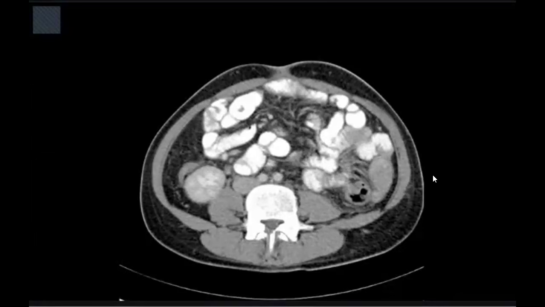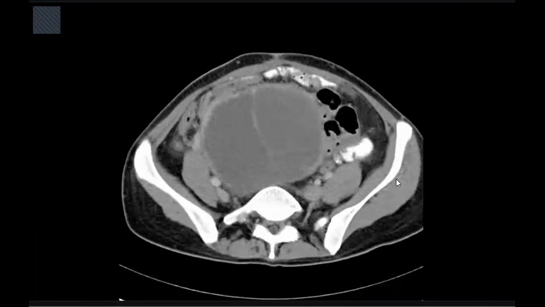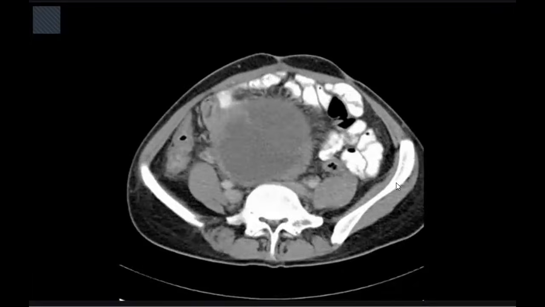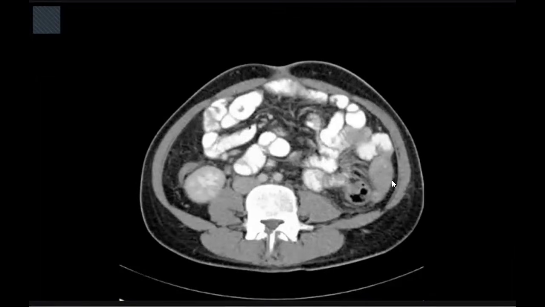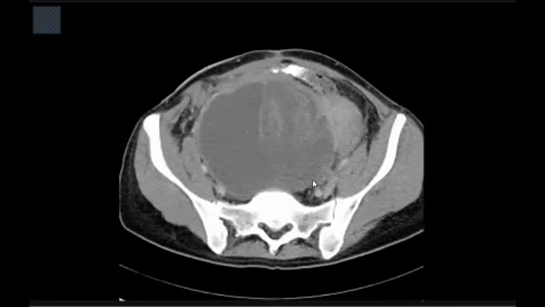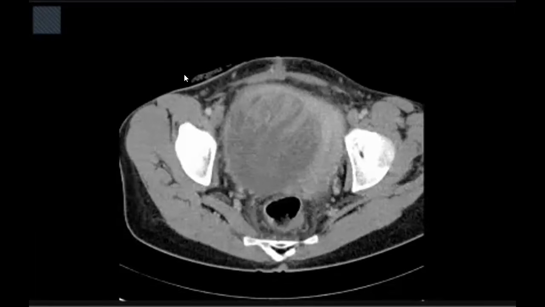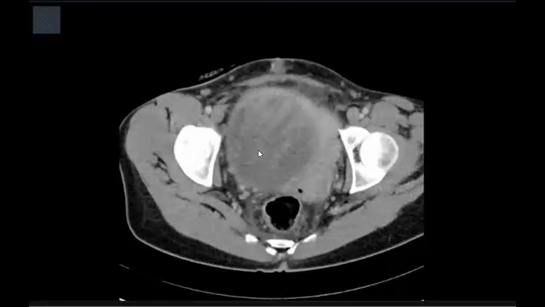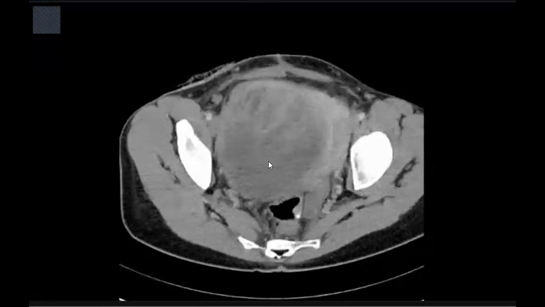Okay. But I see the colon unremarkable. Where is the colon? If this patient has an ileostomy in the right side, if this patient has a history of removal of the colon before, I will put a differential of familial adenomatous polyposis, and maybe this lesion is a desmoid in the abdomen.